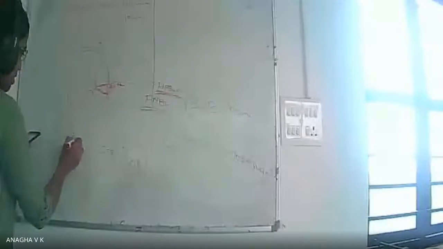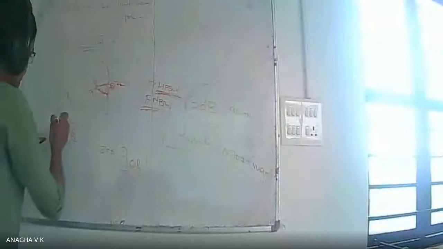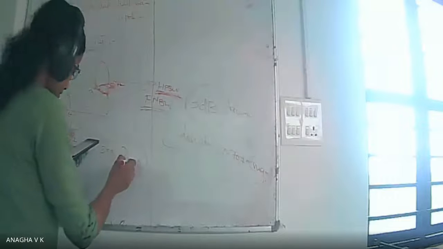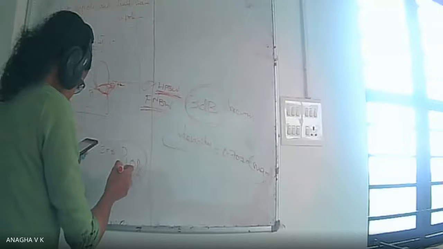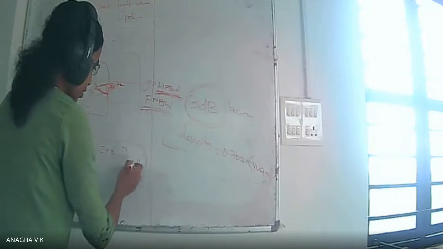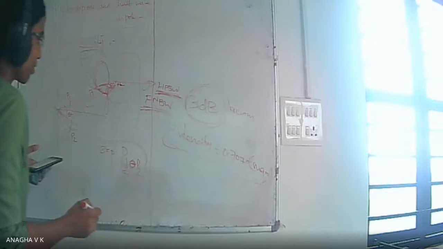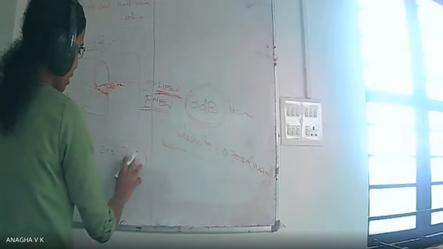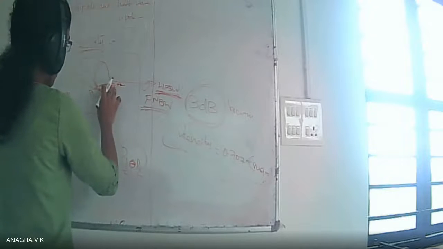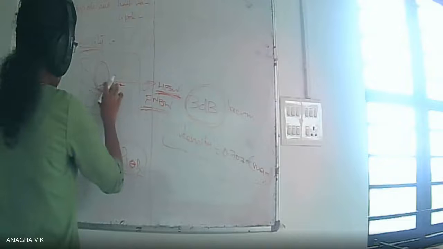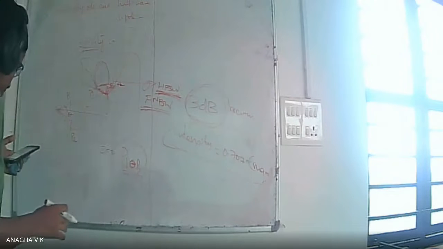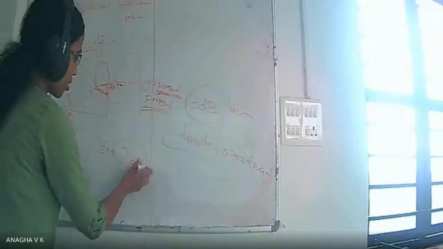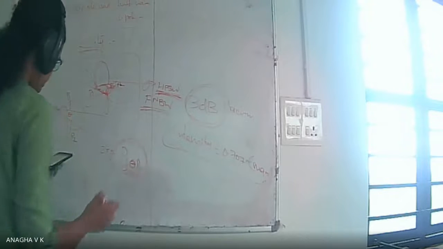The angular separation is theta. The angular separation between P1 and P2 is theta, the separation between these two points. This is nothing but the half power beamwidth.